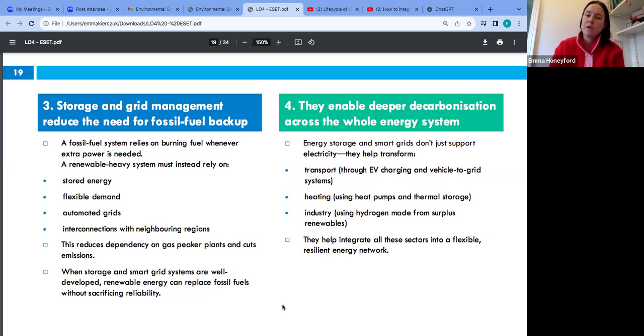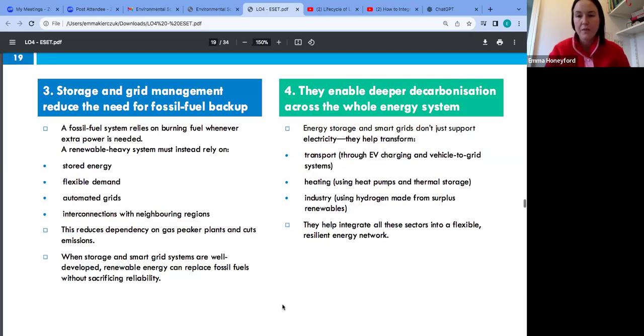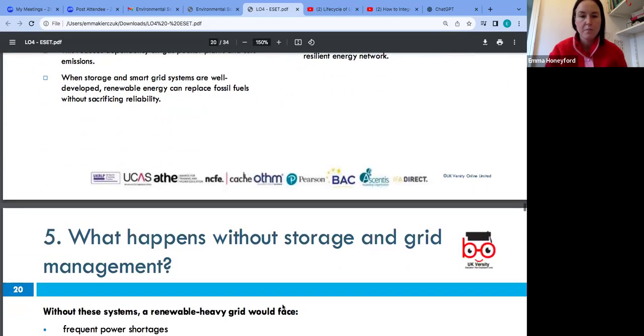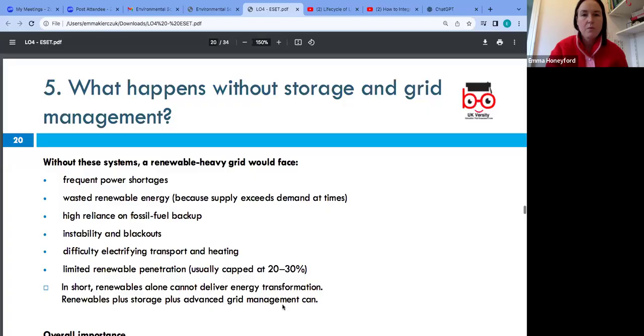So we know that we will need to look to diversifying the renewable energy supply for it to be sustainable long term.